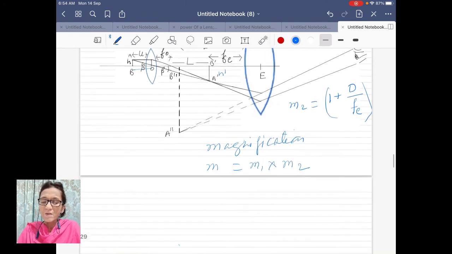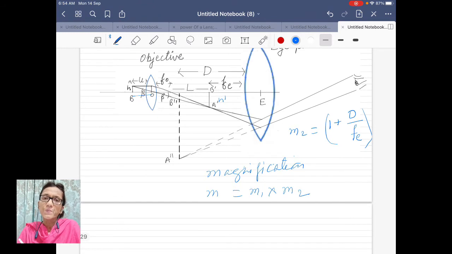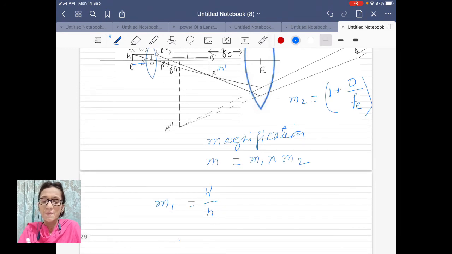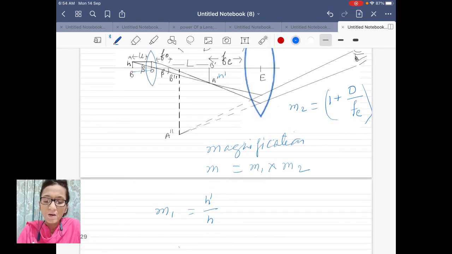Now magnification due to your first lens, M1, is equal to image height upon object height. Now we have two similar triangles, your ABO and A dash B dash FO.